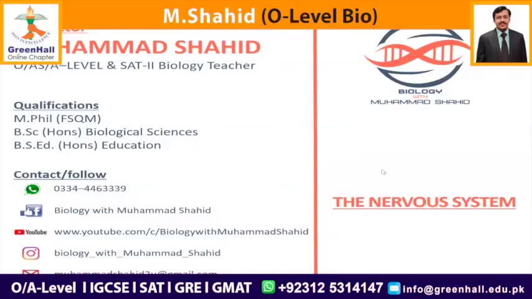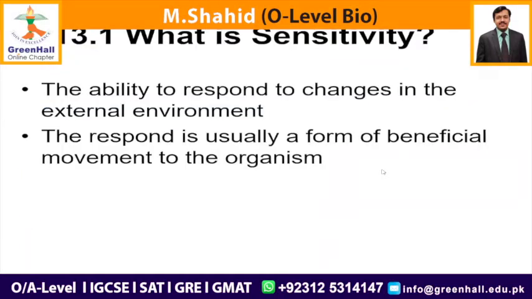First of all, what is sensitivity? As we are discussing the brain and the nervous system, consisting of the brain, spinal cord, and sensory neuron, motor neuron, relay neuron, based on that, first of all, we need to understand what is sensitivity.